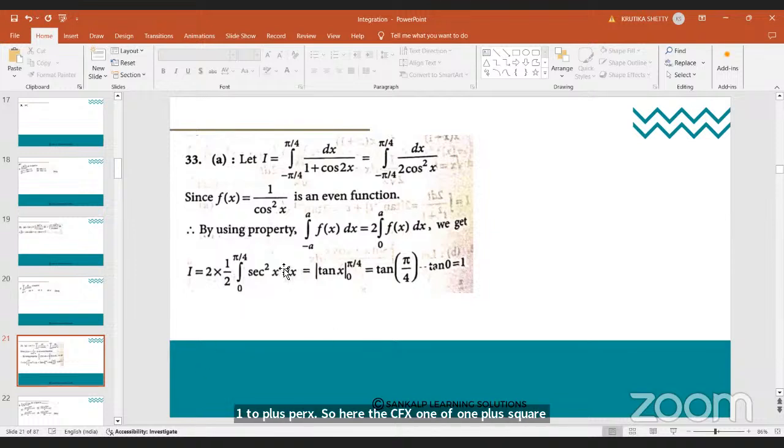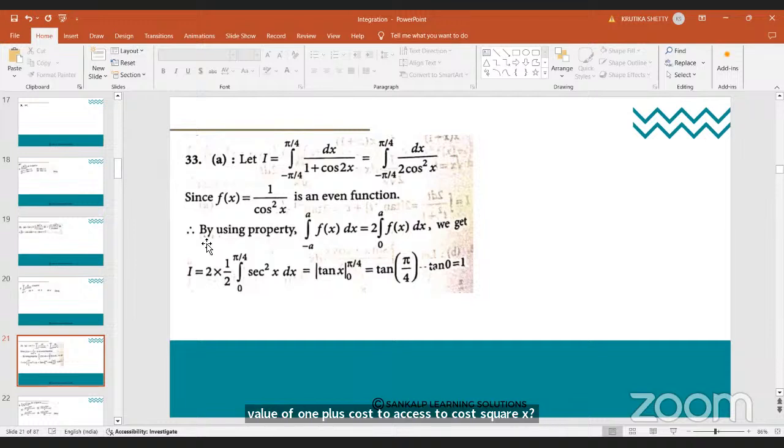This 2 is a constant, keep it outside. After substituting 1 plus cos 2x as 2 cos square x, we can see cos square x is an even function.